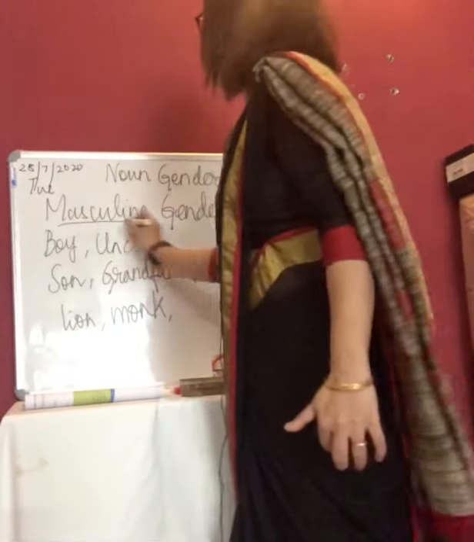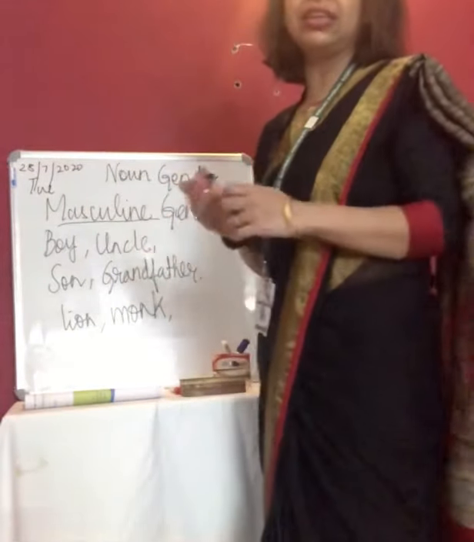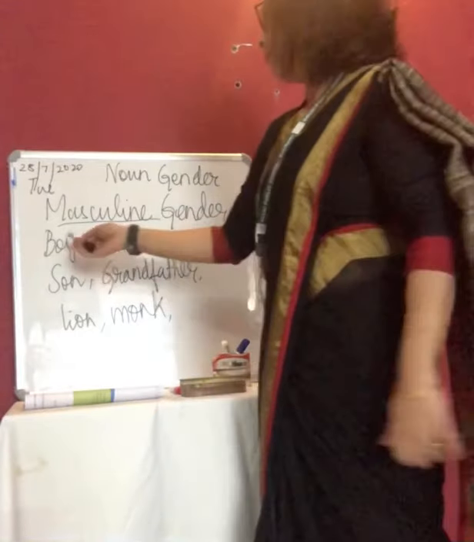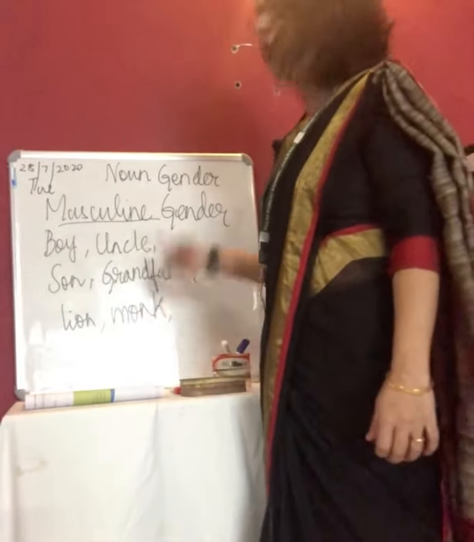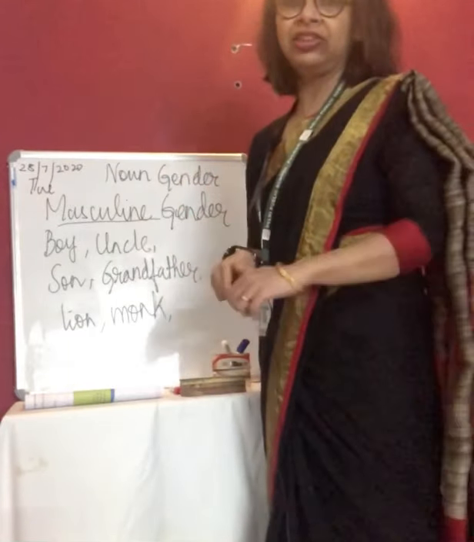Now, these are what I read out, and they are all masculine gender. Boy, uncle, son, grandfather, lion, monk. These are all masculine gender.